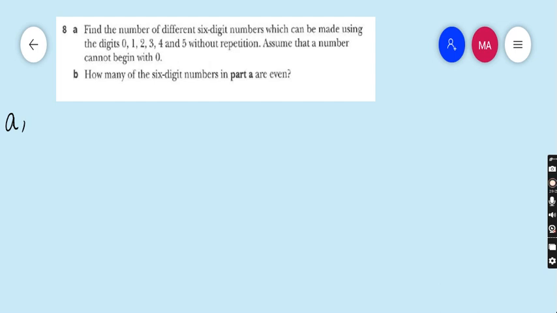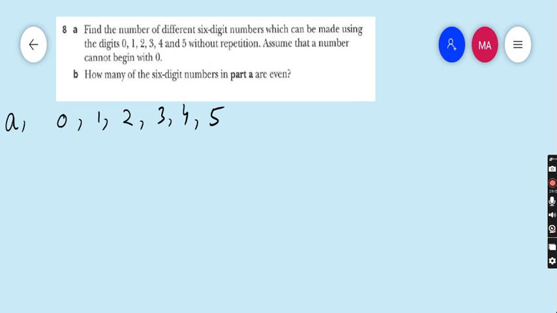Find the number of different 6-digit numbers which can be made using the digits 0, 1, 2, 3, 4, 5 without repetition, assuming that a number cannot begin with 0. So we have to make arrangements, but the numbers cannot begin from 0.